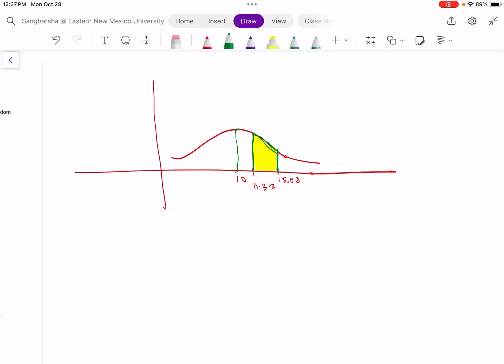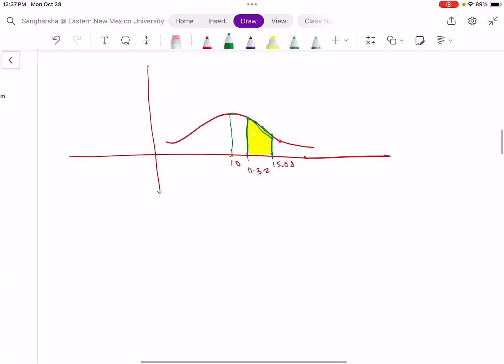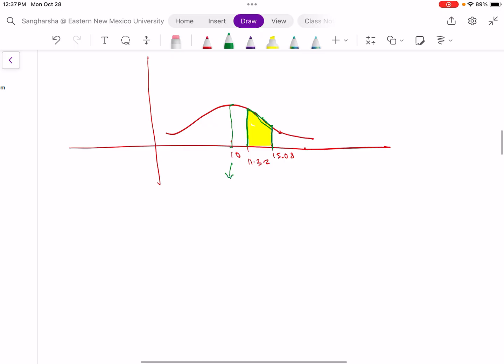So this should be the easy one here. Now we convert each value into Z score. So at 10, Z is always 0, right? The mean always has a Z score of 0.